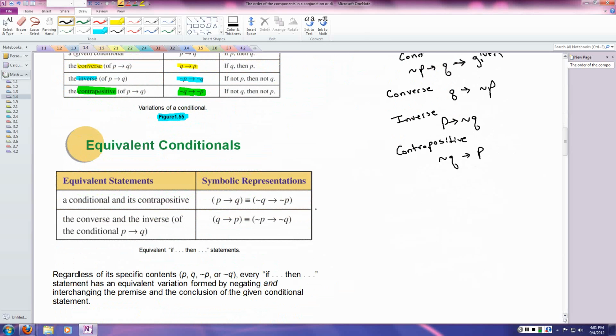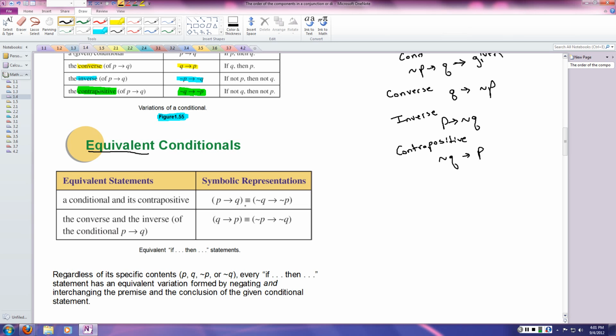A conditional and its contrapositive turn out to always be equivalent. So anytime you flip the premise and the conclusion and you negate them, you get equivalent statements. And then its converse and its inverse are going to be equivalent.